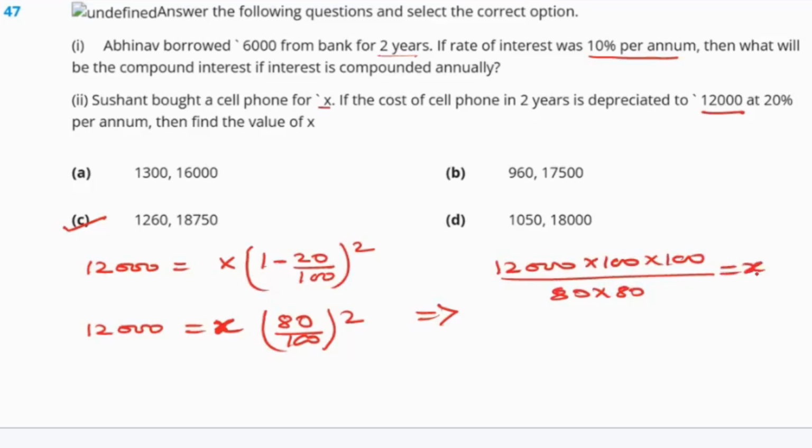That will be the value of X. When we solve it, we can cut, and we will get 18,750. So option C will be our correct answer.